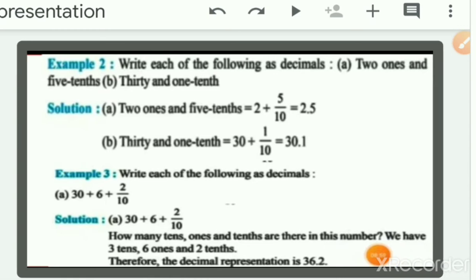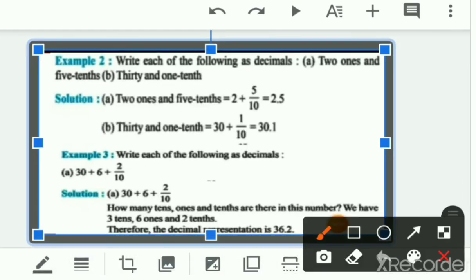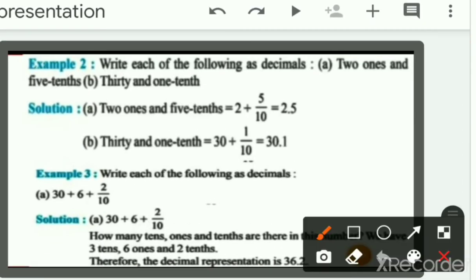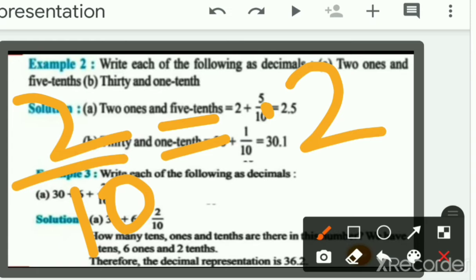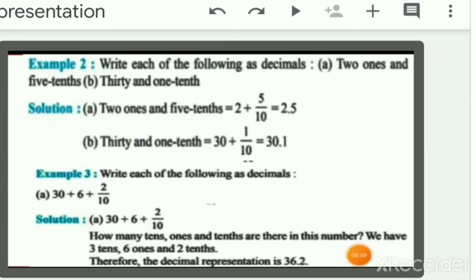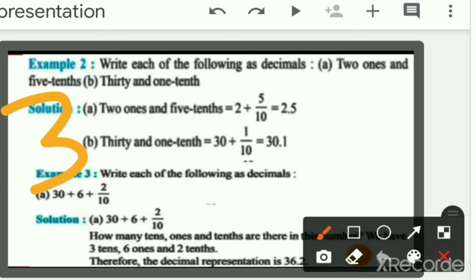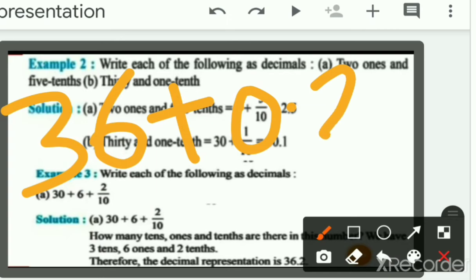So 2/10, when we divide, what will we get? It will come 0.2. You can easily divide them. The point will come, 0 will increase, and 10 twos are 20, so we have 0.2. Now 36 will be added to 0.2. What will come?